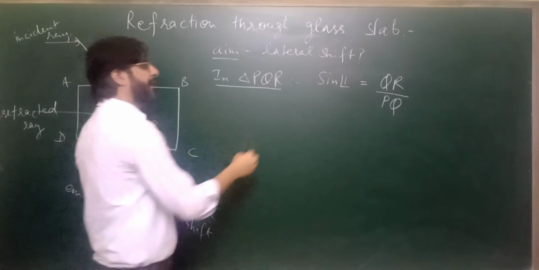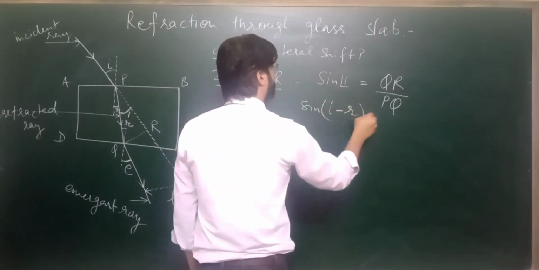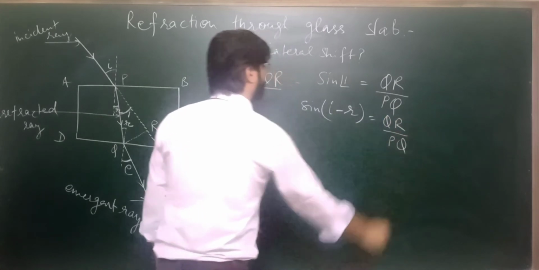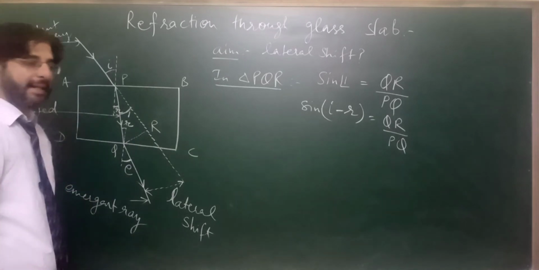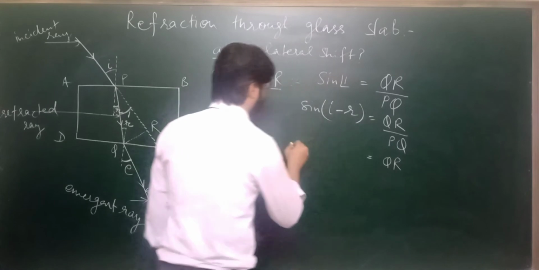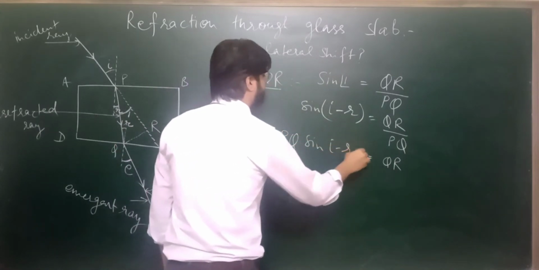So we can write sine of I minus R is equal to QR by PQ. QR is our end. We had to find QR, the lateral shift. So QR is equal to PQ into sine of I minus R.